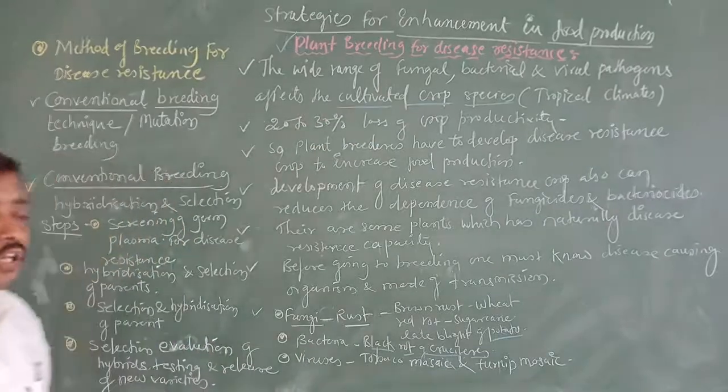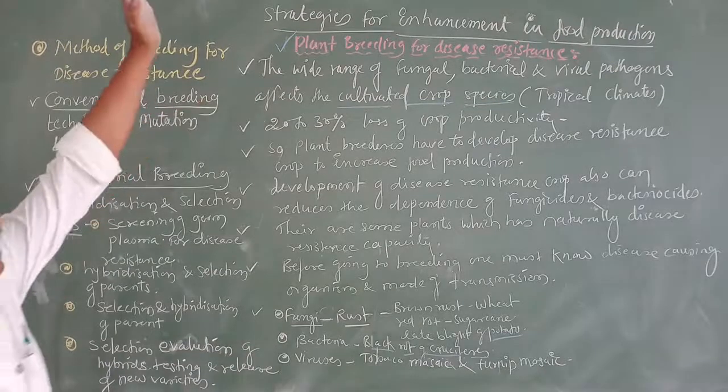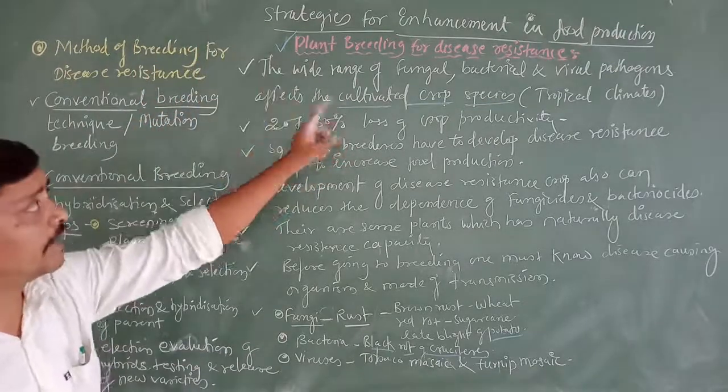Now the important point we are going to study is what the different methods are that we follow for successful plant breeding for disease resistance.